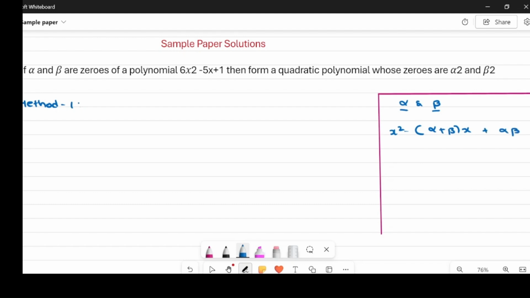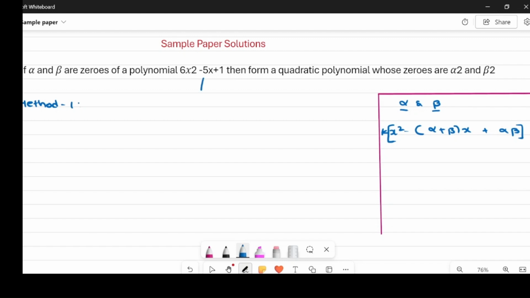Of course, k can be any constant, so k into x square minus alpha plus beta into x plus alpha beta. Alright, in this case we have alpha and beta as zeros of this polynomial.